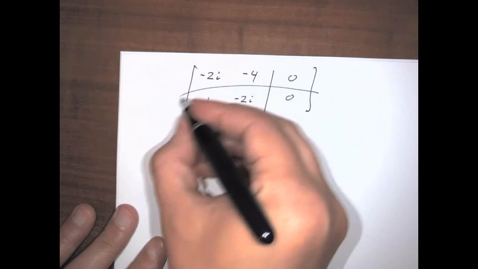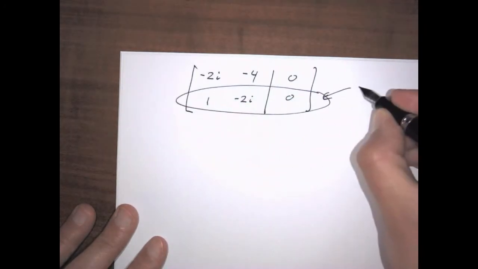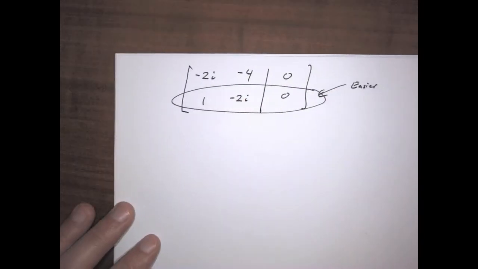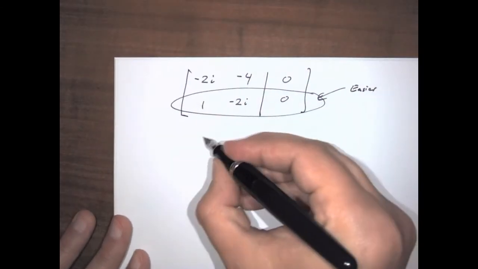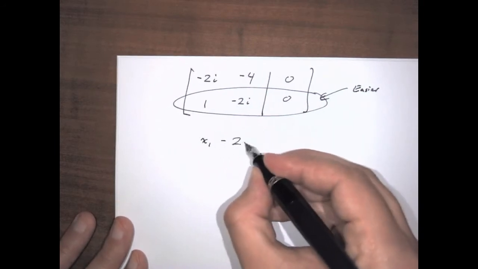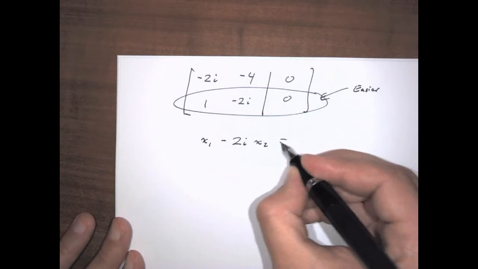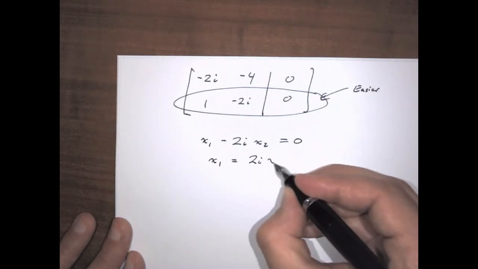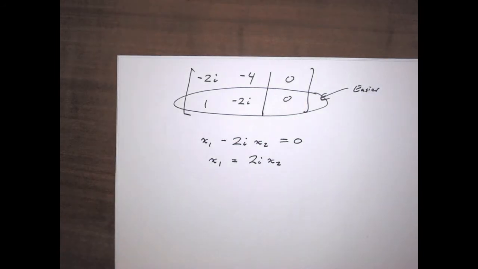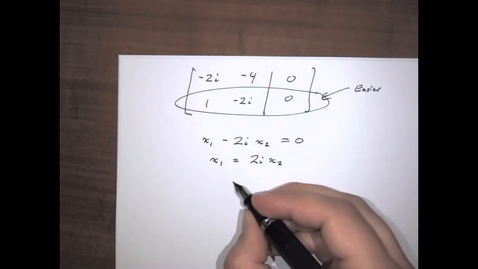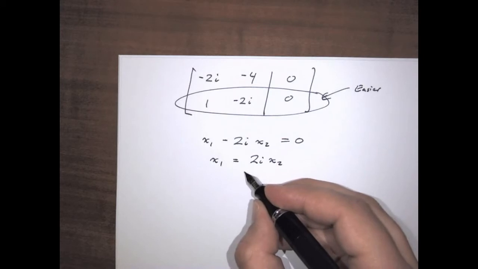And now I'm going to choose this one. This one is easier. Look for things like ones, smaller numbers. Those are the kinds of things that make life easier. And then that's going to make x1 minus 2i x2 equals 0, which means x1 equals 2i x2, which means that if x2 equals 1, then x1 will be 2i.